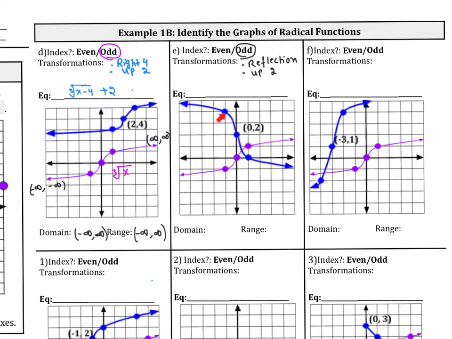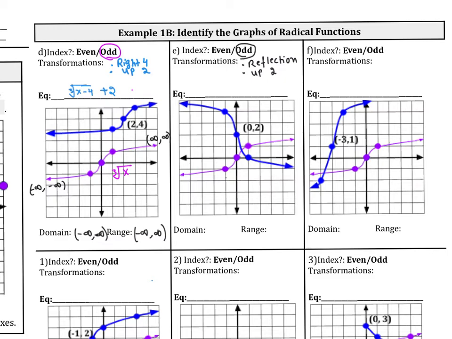And the last one, you can see that this graph is stretched a little bit. If it were a normal graph, then it should look like this. But this is a stretched graph, and we have to figure out that it's stretched by a factor of 2.